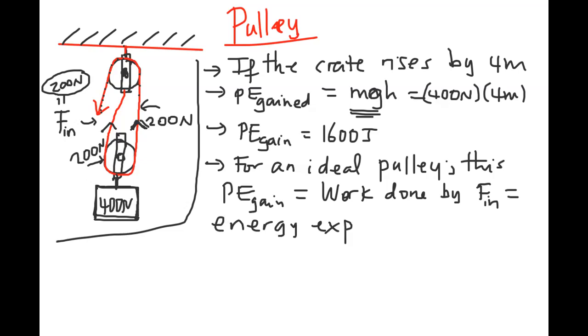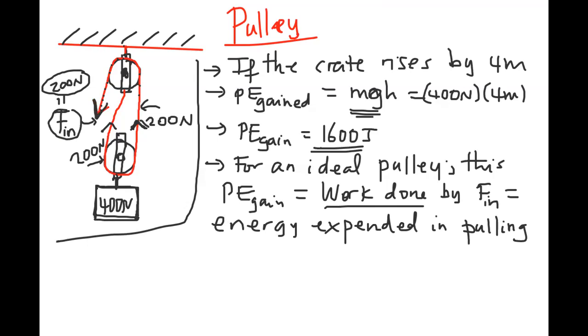If the pulley is ideal, then the potential energy gain here must be equal to the work done by the force in, which is equivalent to the energy expended by anybody who's pulling the rope downward. If you are pulling at this point, the work that you do is the energy you expend. And that translates to the potential energy that will be gained by the crate in rising through 4 meters.